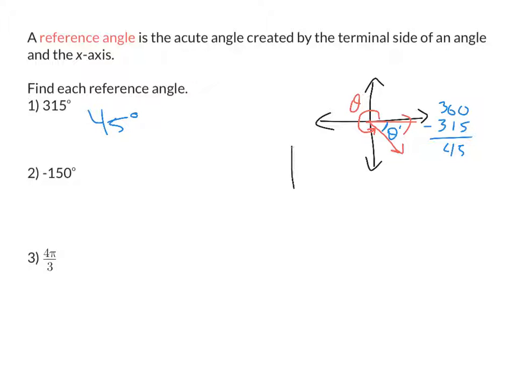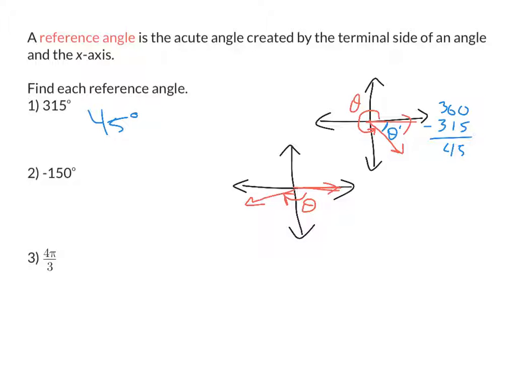And so again, I'll draw a picture here. And we're on the positive half of the x-axis for the initial side. Negative 150 means we're going to travel clockwise instead of counterclockwise. It's not quite a half a circle, it's a little less than that. So we're right there. And so that's our theta.